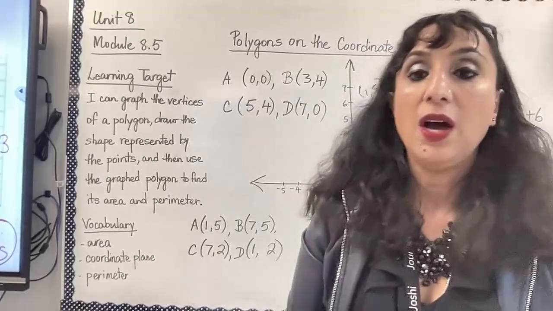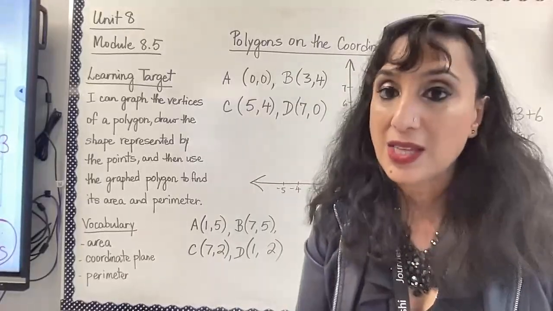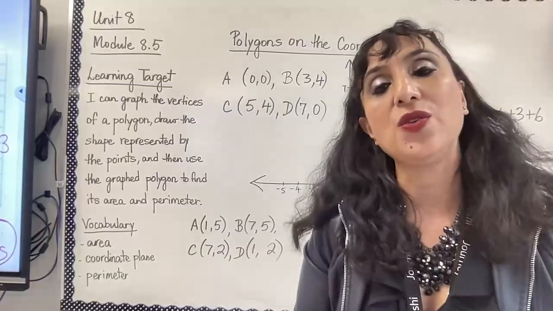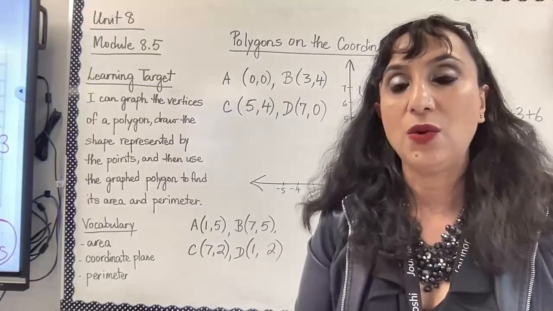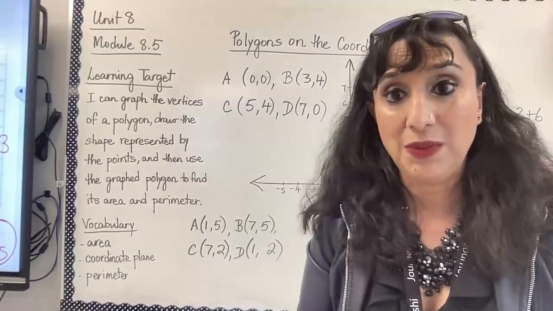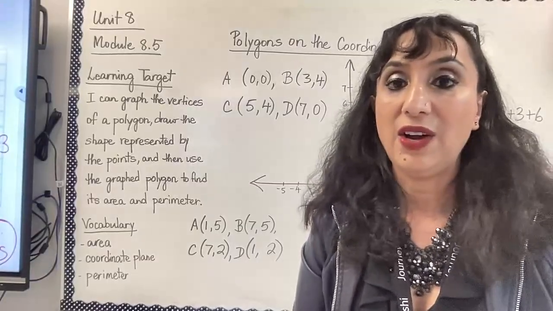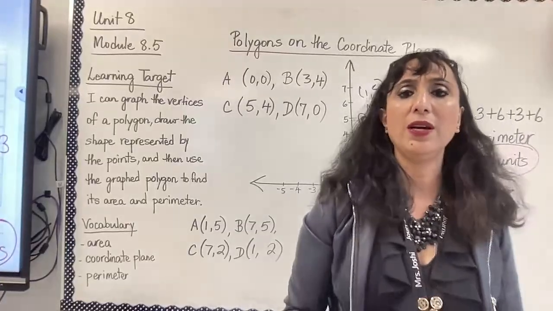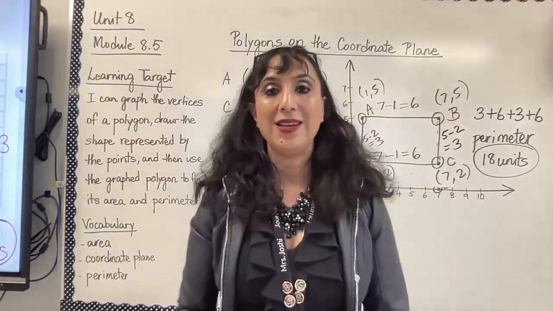For area, you can count each square inside the shape, or you can just use the formula based on what you're calculating the distance to be in order to find the area of the shape. So this is basically what polygons on the coordinate plane is all about.